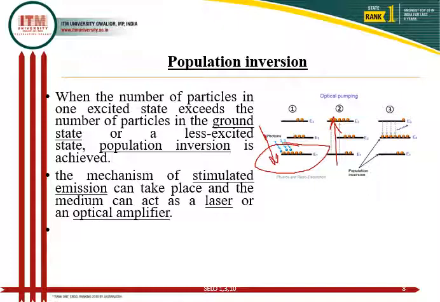And soon you will see that this level is less populated than the next level. And that is the reason a condition of population inversion is achieved here, which is needed for lasing action.